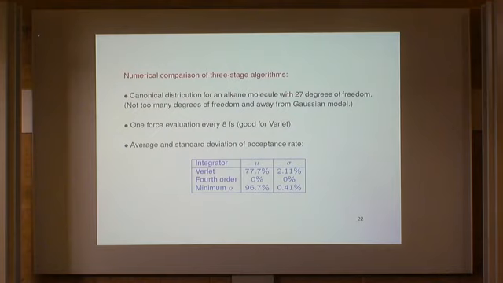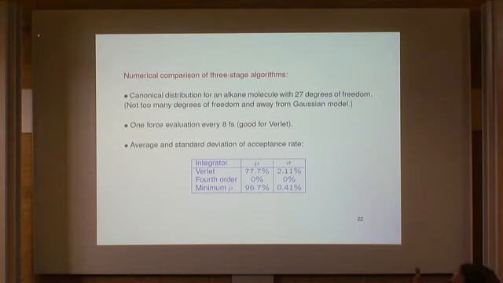In addition, we choose the delta T that was optimal for Verlet. So we simulated this molecule with various delta T, and we kept the one that is optimal for Verlet, not the optimal for our method. And you see, for the 3-stage algorithms, for these 8, then on average you accept 77% of the time.